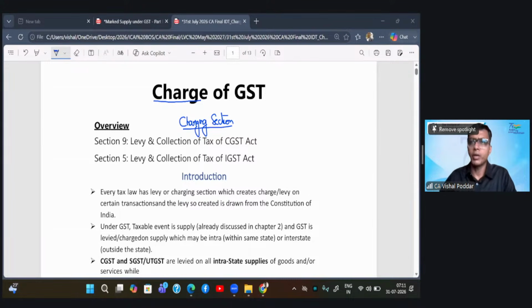In that particular case, we understood that there was an honorable Supreme Court judgment which excluded a particular type of transaction from supply, but the legislature, the Parliament, had the intention of treating it as supply.